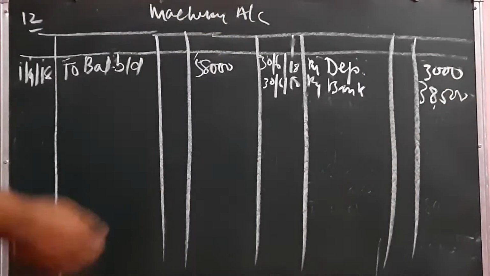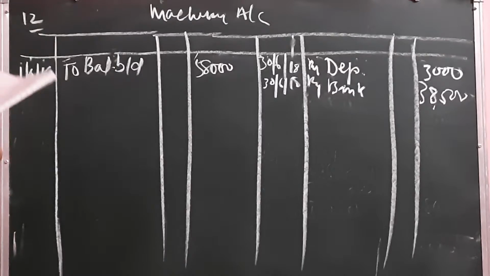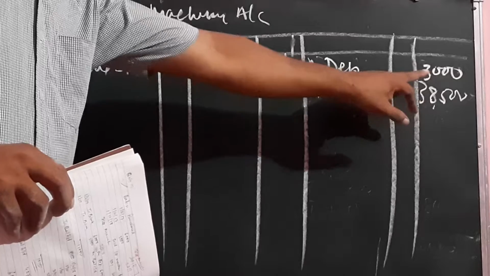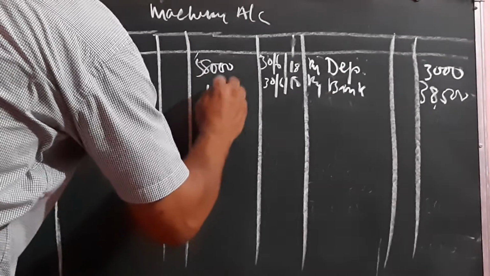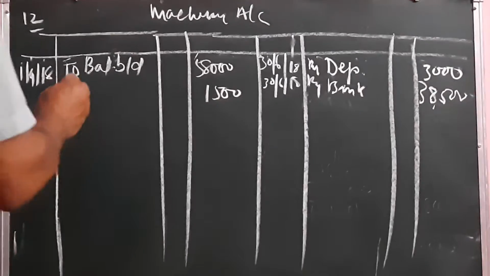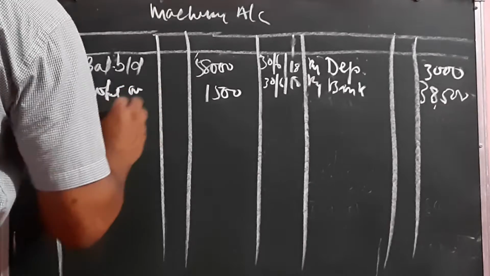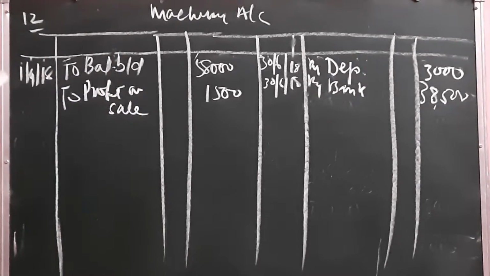So 38,500 plus 3,000 is 41,500. But the actual cost of this machine is 40,000, and here it is 41,500. So 1,500 is the profit on sale of this machine.